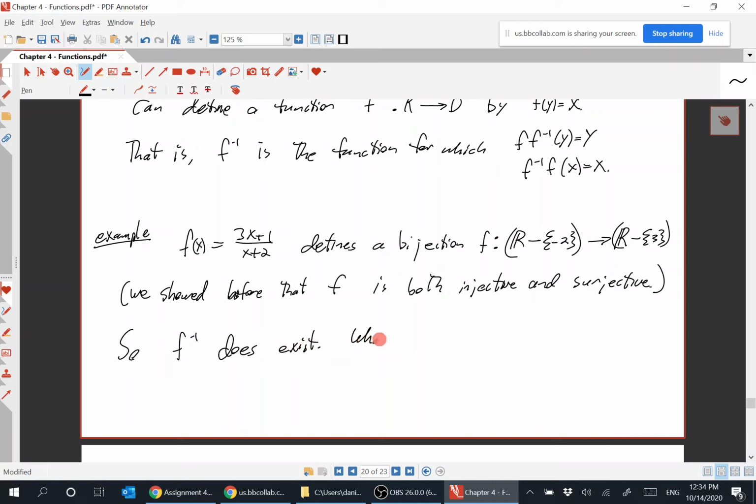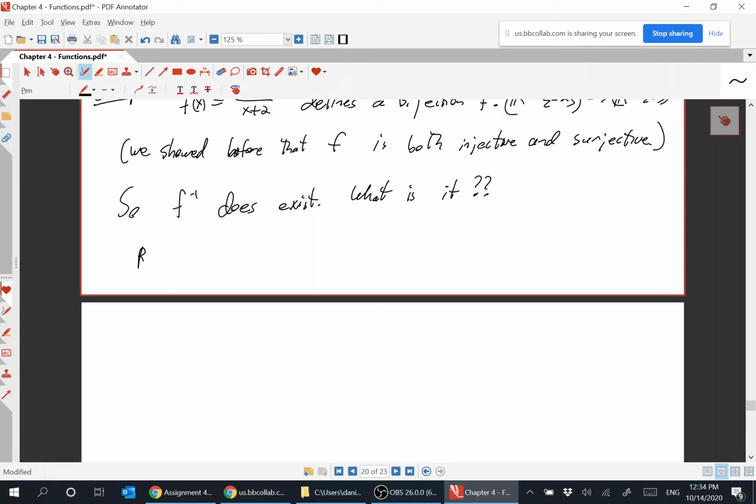What is it? How can we find it in this case? I mean, not in general for all functions, but for this particular function, right?